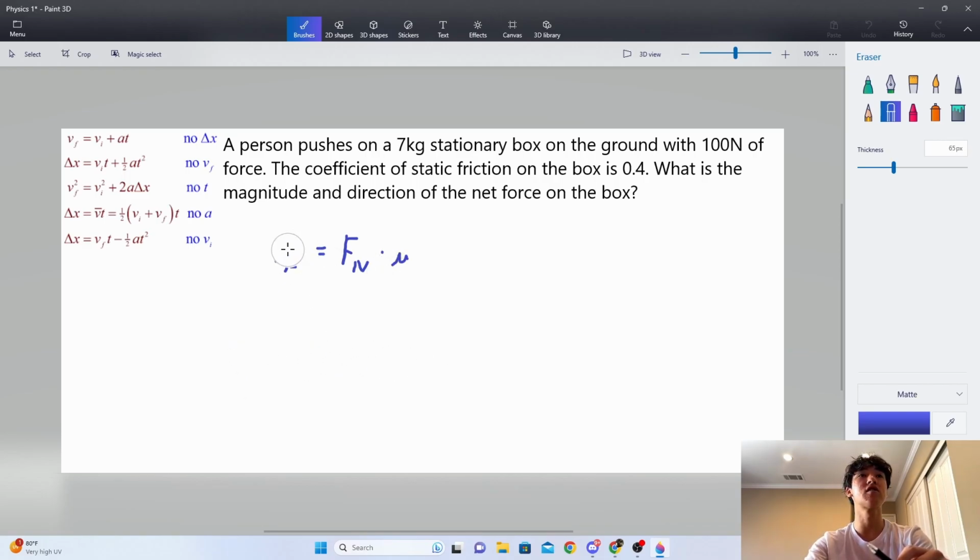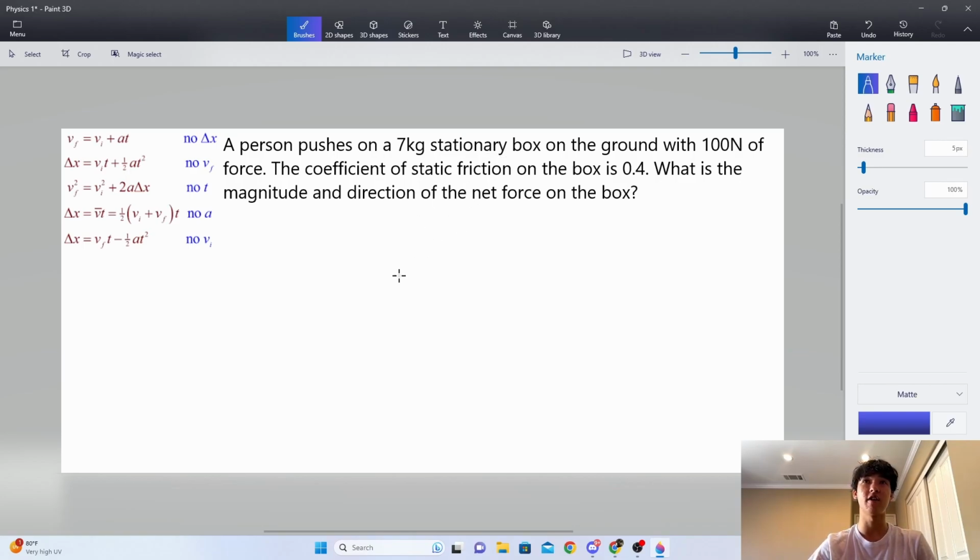So let's solve this question right here. A person pushes on a 7-kilogram stationary box. So it's stationary and it's on the ground. So the ground's basically flat. We're on flat ground.